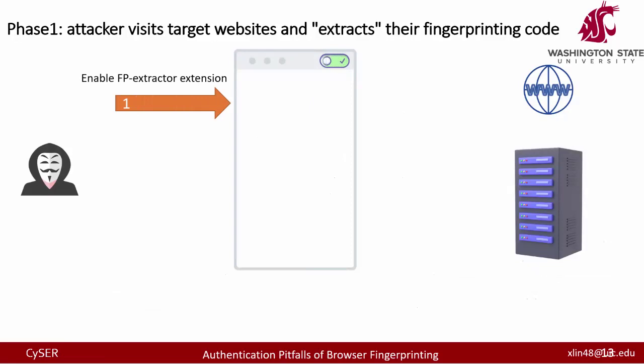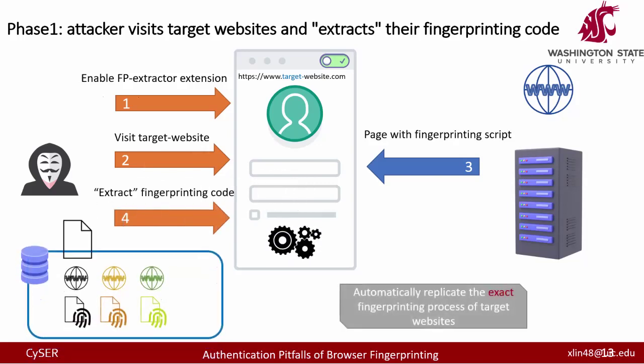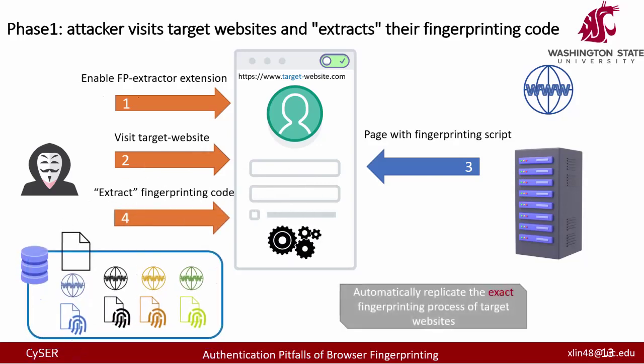In the first step, the attacker visits a target website. We have this extension to help us identify what fingerprint attributes the target website is actually collecting. So the attacker understands that this target website collects, like, browser type, system, language, this information.